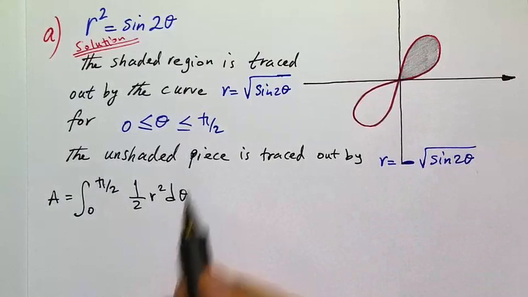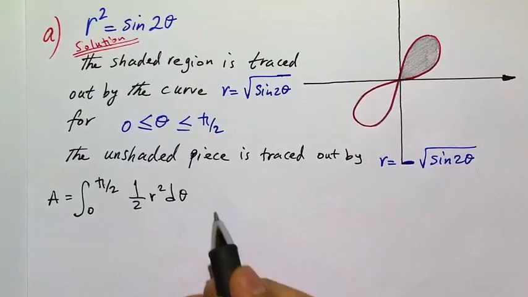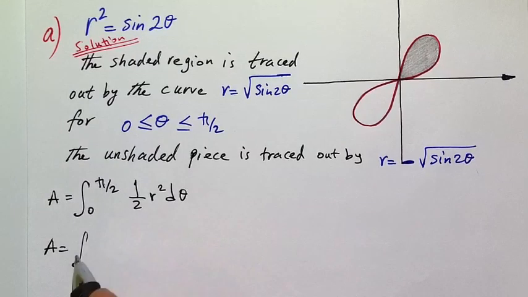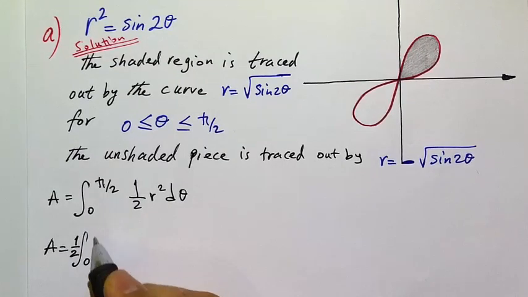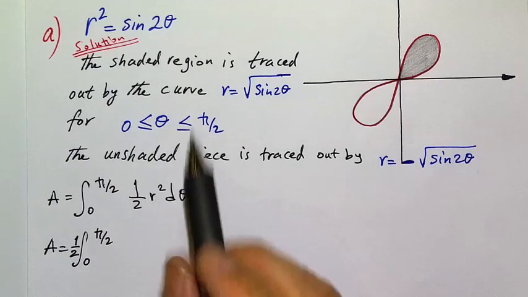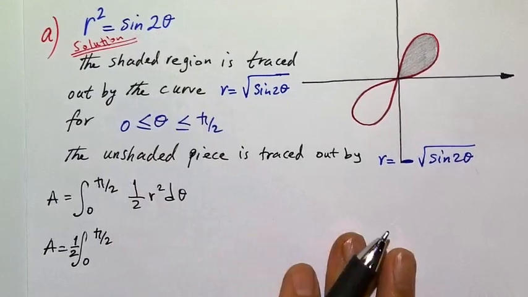That's all. And then this is then area equals, I might as well just put the 1/2 in front, from 0 to pi over 2, and instead of r squared, let's plug in sine squared 2 theta.